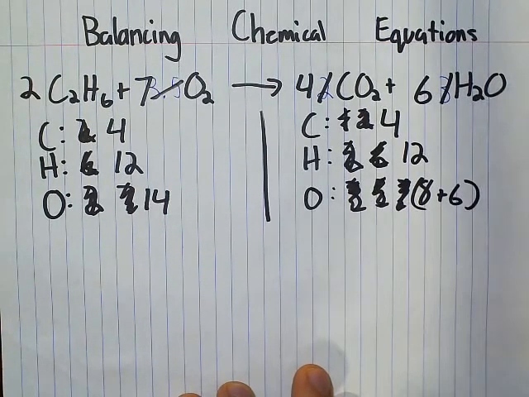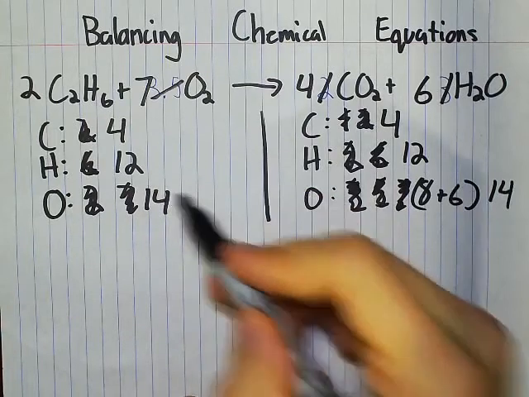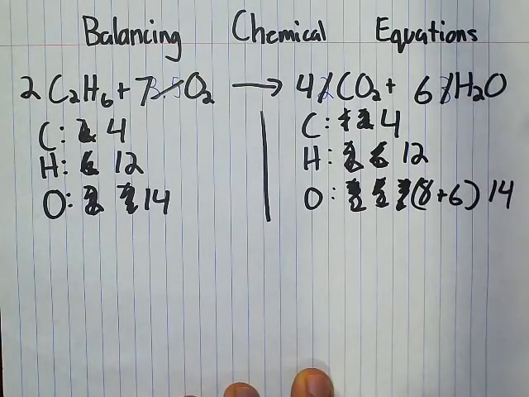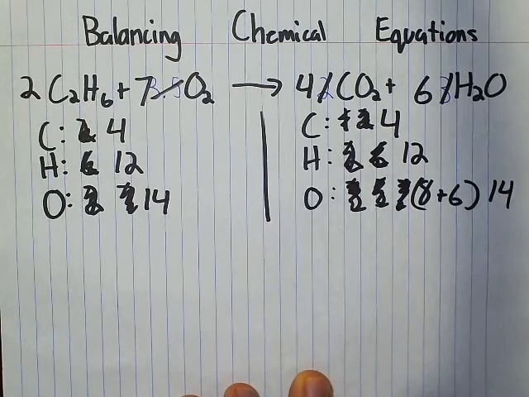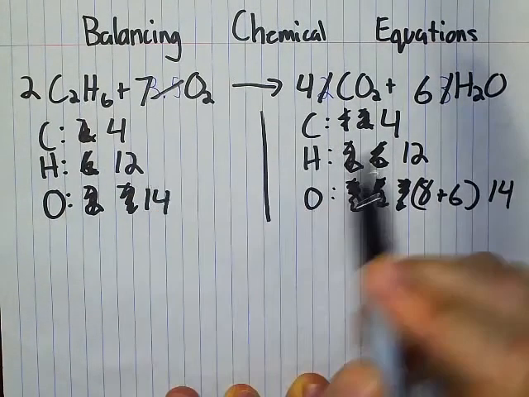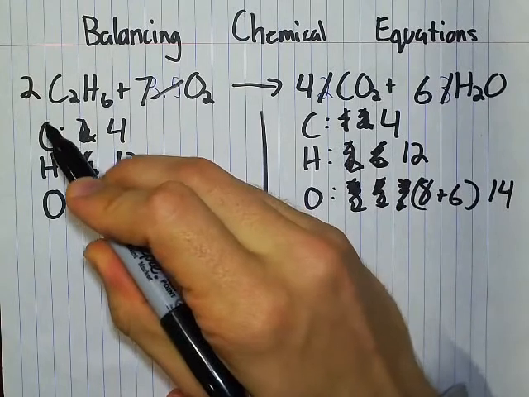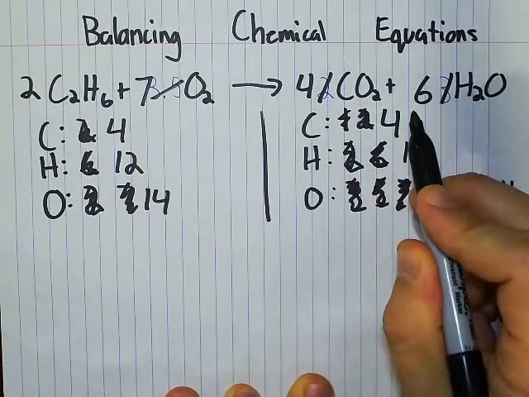The 6 in front also affects this oxygen atom on the end. There's a coefficient of 1, so I know it's 8 plus 6, which is 14. 4, 12, 14. My law of conservation of mass is observed here, and this becomes a balanced equation.